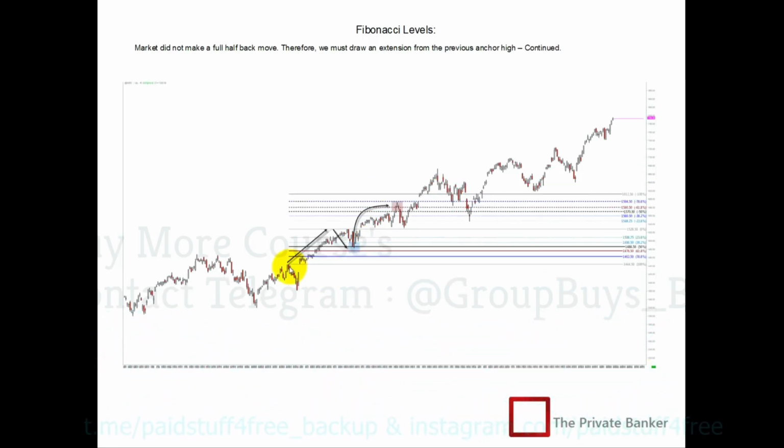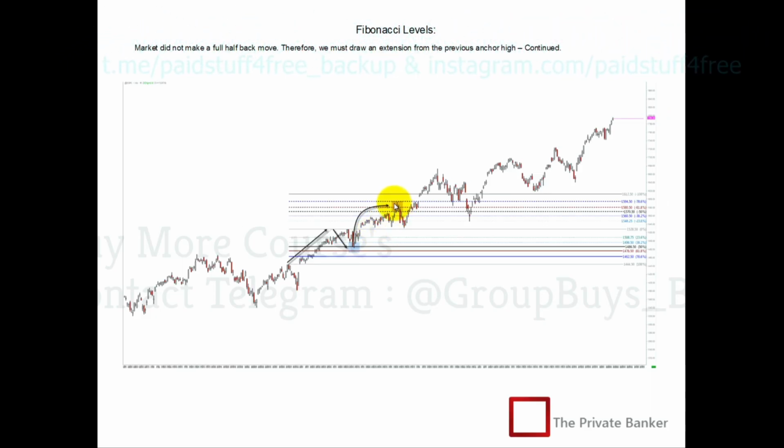So what we did is, here was our previous low to high, here was our pullback, and that was our target. What we want to do, as I explained earlier, is pull from the previous anchor point high to the next high. And when we do that, we see that we did have, excuse me, a measured move pullback here. And from that point, we went right to the other side.